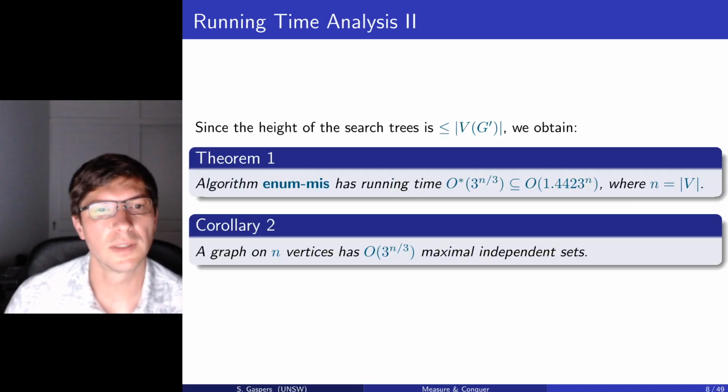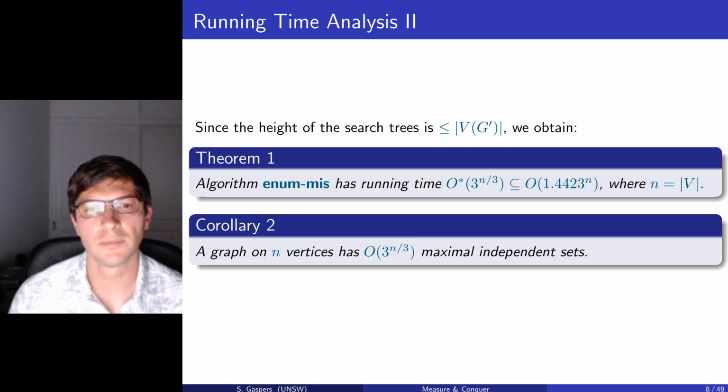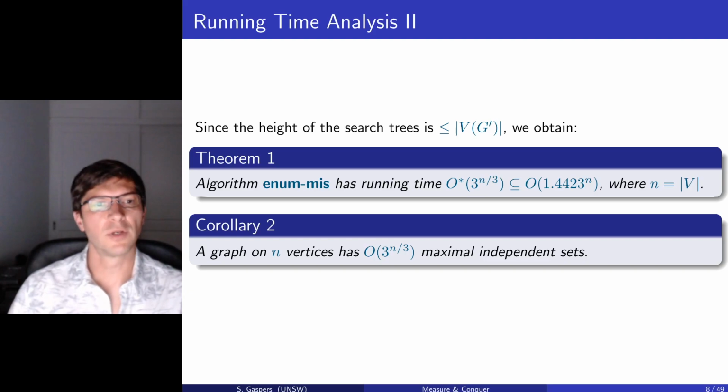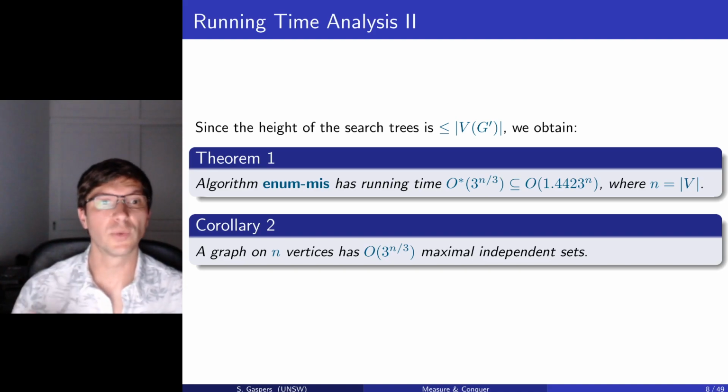So we conclude that this is also an upper bound on the number of maximal independent sets, because our algorithm enumerates all maximal independent sets, and it cannot have more than this many leaves. In general, if you have an enumeration algorithm and you upper bound its running time, then, since it takes at least 1 unit of time to output something, you also have an immediate upper bound on the number of objects that it outputs.